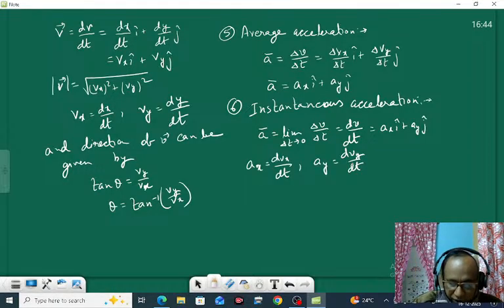Now we find the motion in a plane with constant acceleration.